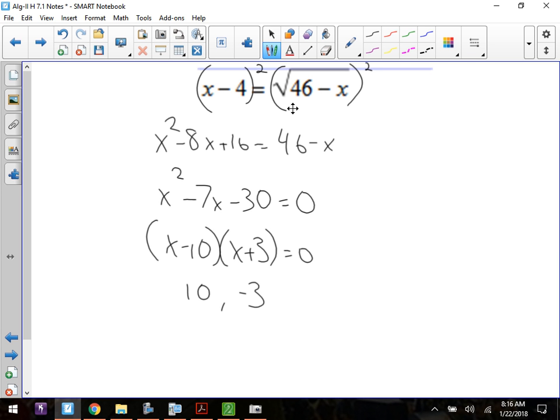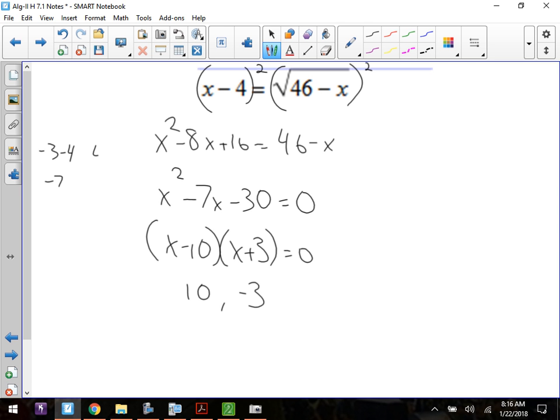Now, it's kind of nice because you have calculators. Even if you have a basic one, a lot of times that will do. So, let's see here. If I do 10, we have 10 minus 4, which is 6. And then I have 46 minus 10, which is 36. Square root of that is 6. So that one works. If I use the negative 3, I get negative 3 minus 4, which is negative 7.